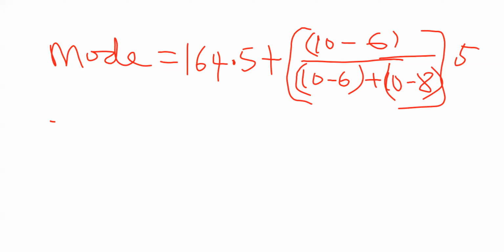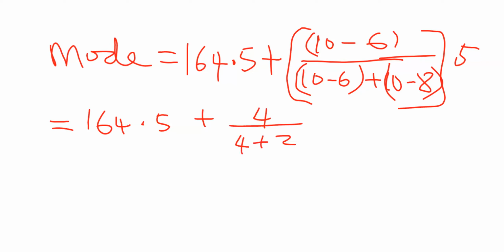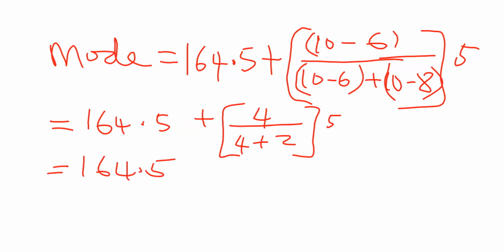So it's going to be 164.5, the upper one is 4, all over 4 plus 2, and we'll have 5. So it's going to be 164.5 plus 20 over 8.